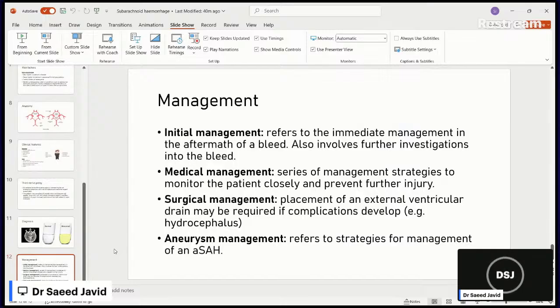We'll finish off with complications. There are several complications associated with subarachnoid hemorrhage, such as rebleeds and vasospasms, and we've already talked about that. But the other things to know, other than rebleeds and vasospasms, and even hydrocephalus like we talked about, are things such as SIADH, infections, DVTs and PEs.